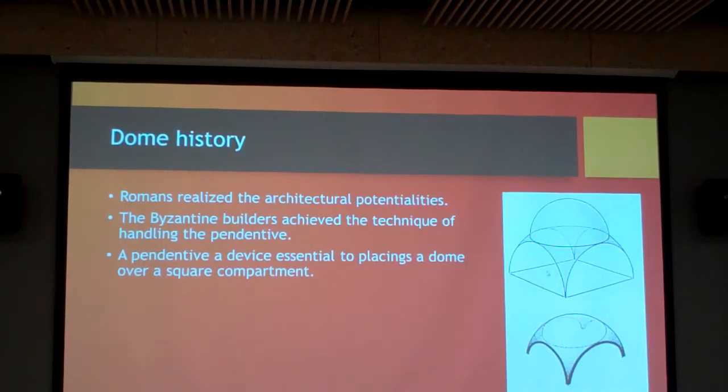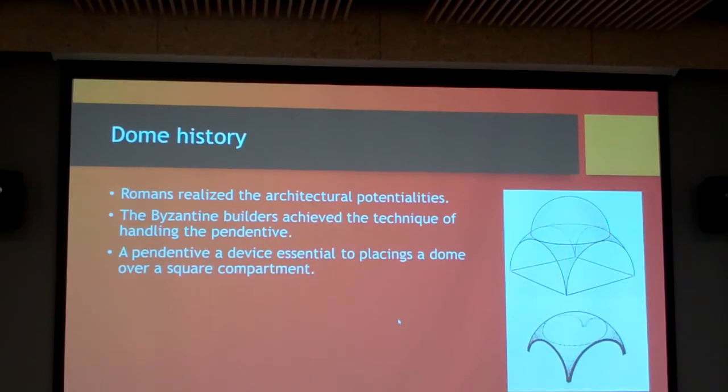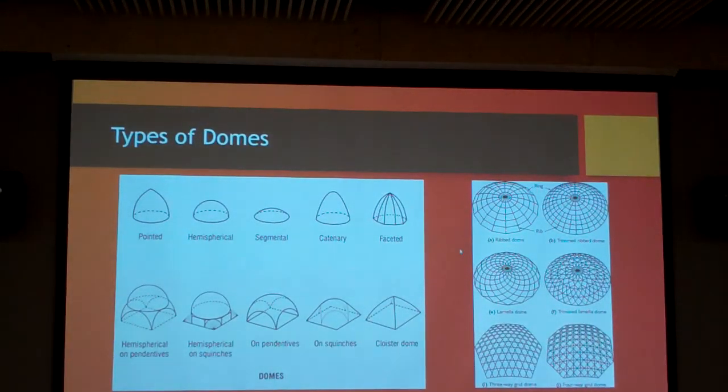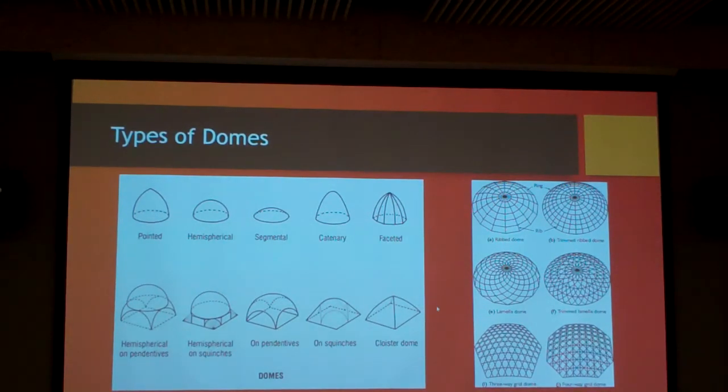So it's changing the circular base of the dome into a square, as shown here. So the pendentive makes it a square. Okay, and then there are different types of domes.